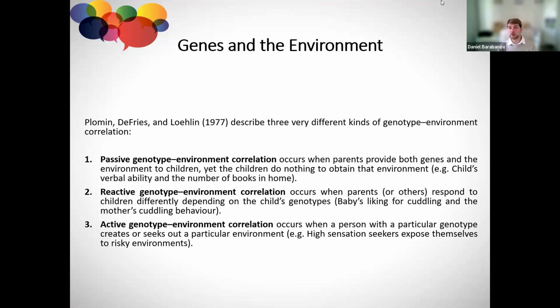So they start to create different environments for themselves as a matter of their personal choice and preference, right? So they might choose different things to do with their spare time, for example, which creates a different environment and thus influences their personality. So it's the active genotype environment correlation concept.